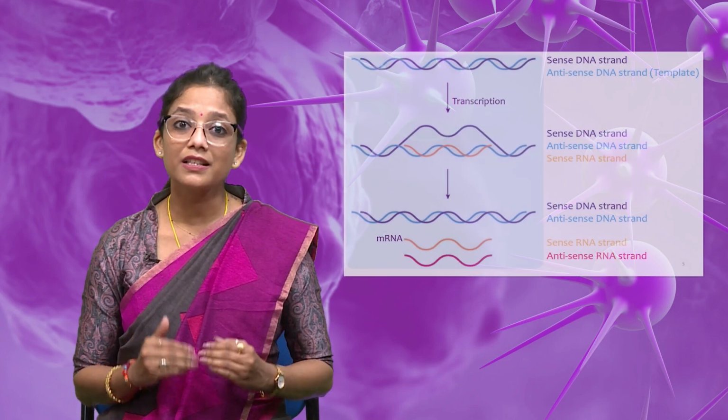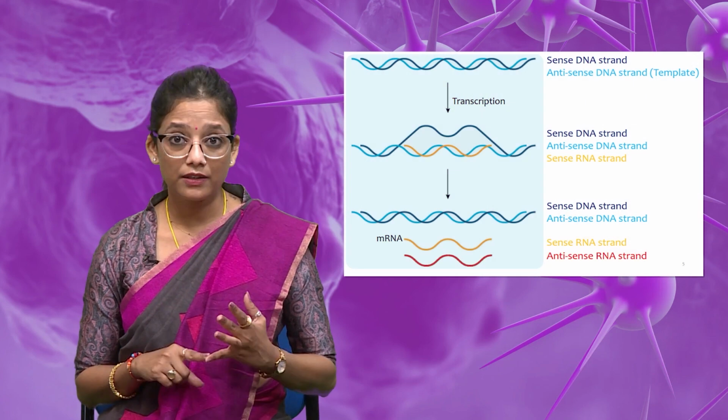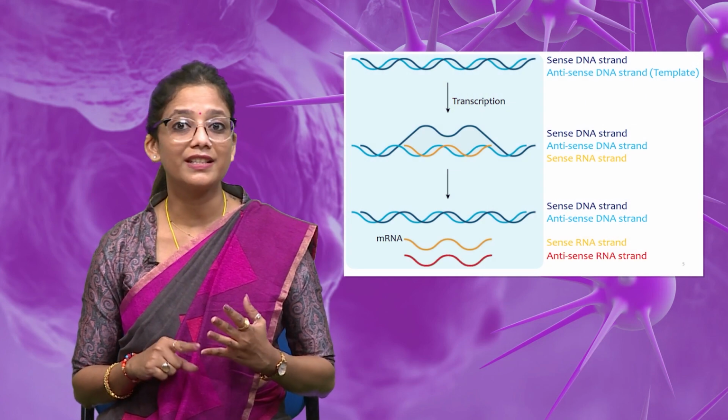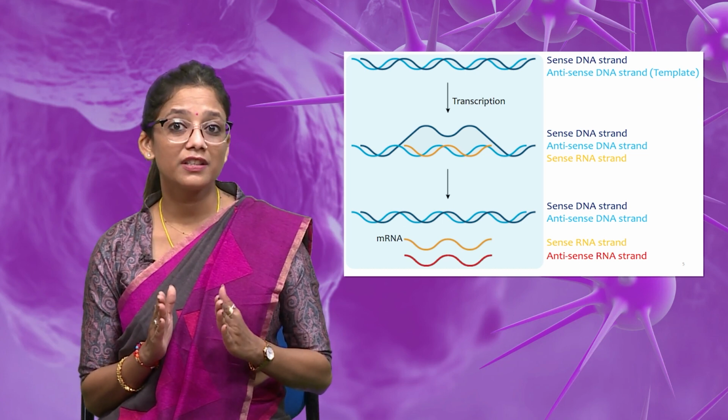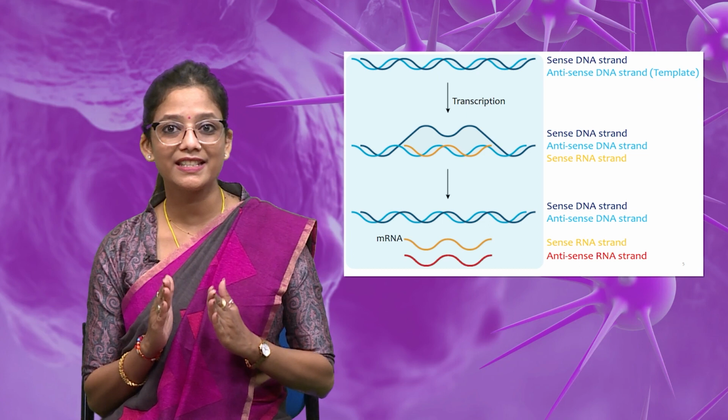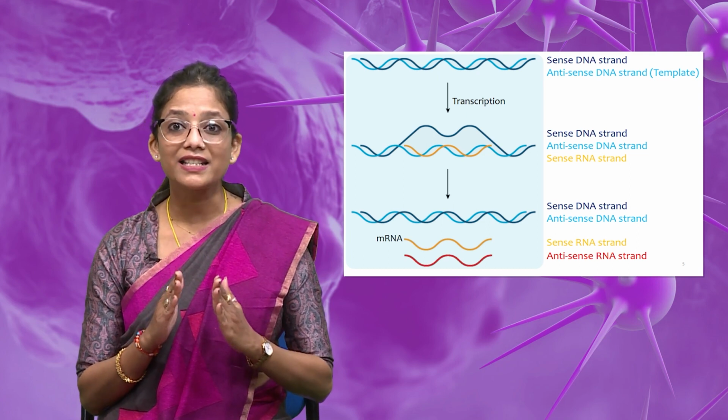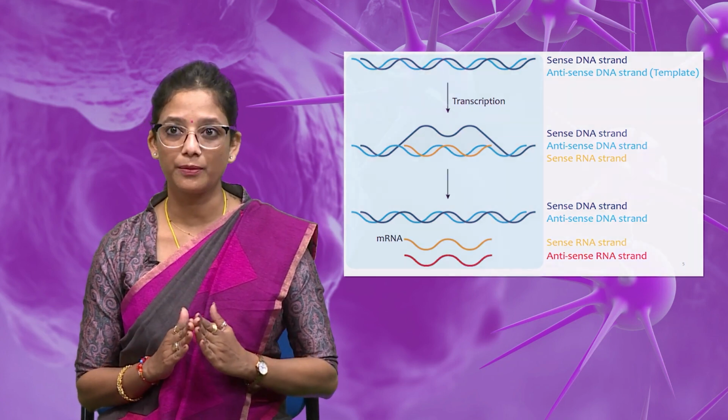Before moving to the genetic basis and the molecular mechanism of RNA interference, there are a few terminologies we need to understand: the sense strand and the antisense strand. Let's consider a double-stranded DNA. One strand is the sense strand. The other strand, which is complementary to the sense strand, is known as the antisense DNA strand, which acts as a template for transcription.